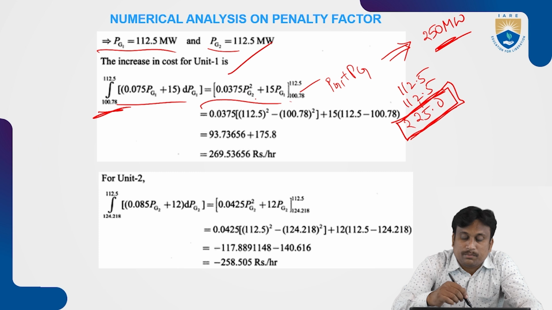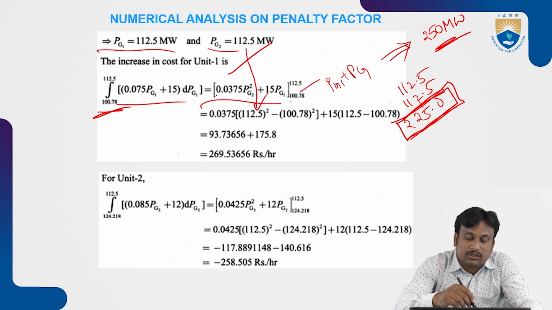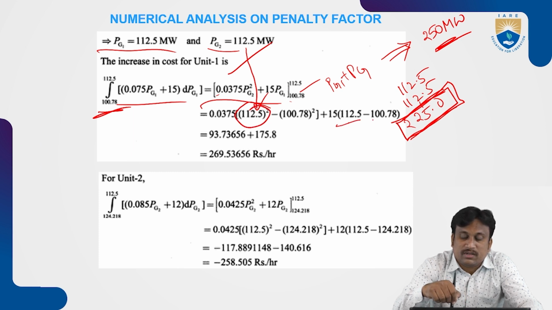Substituting PG1 as 112.5, you multiply 0.0375 into 112.5 squared, plus 15 PG1.